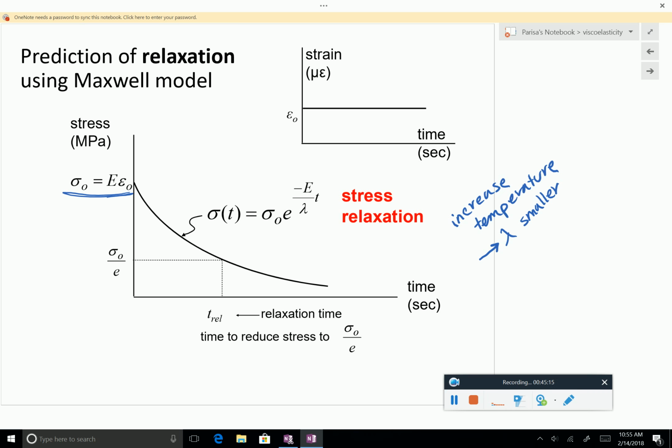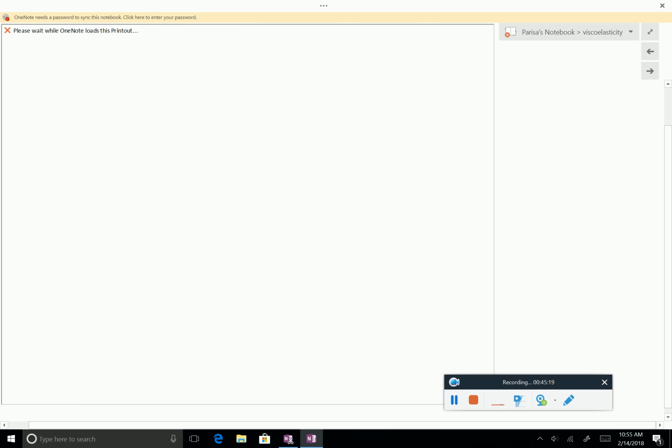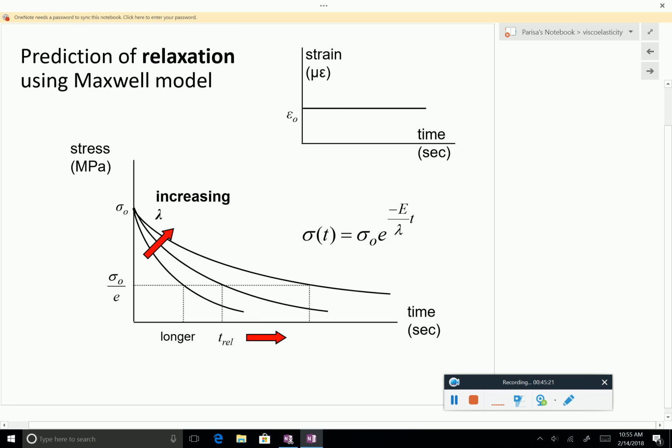Now, if you increase lambda, many of you gave the correct answer. So if you increase lambda, which is equal to decreasing temperature, the curves move up.